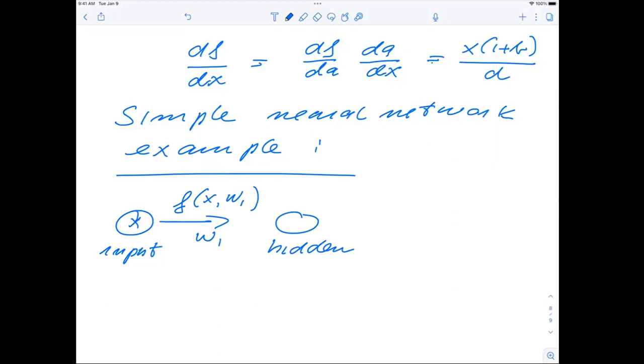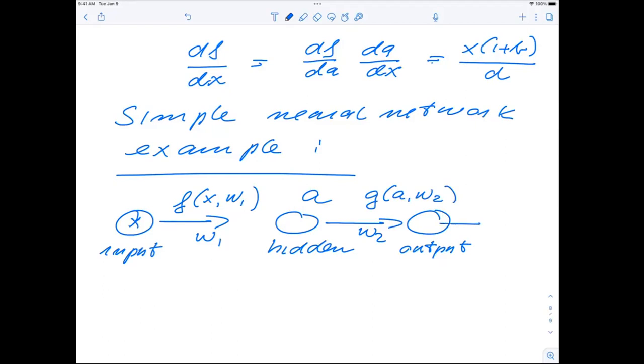We're going to call this output, as we did before, A. This feeds everything into the output layer. And there is a new weight which connects the hidden layer with the output layer. Here we have a function which takes in this A and depends on W2.